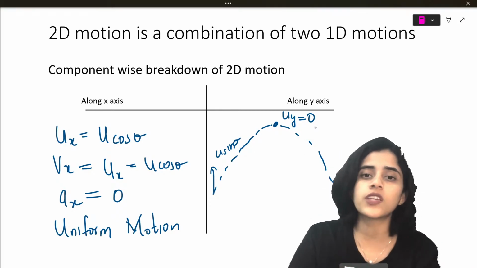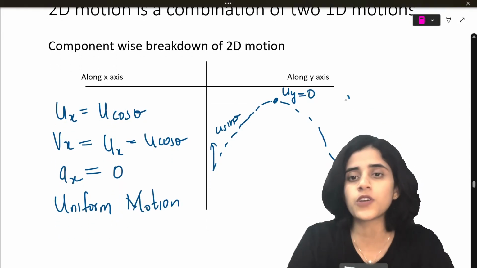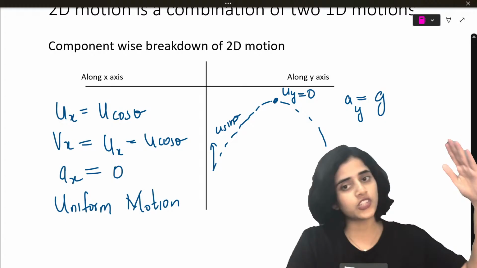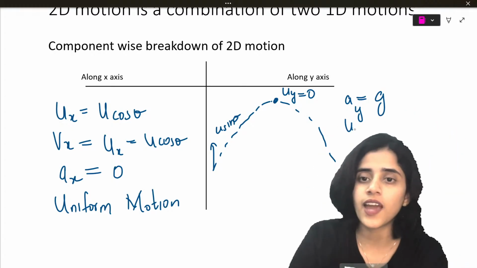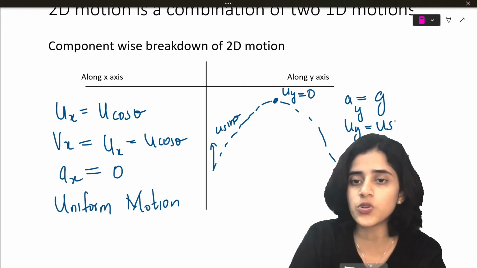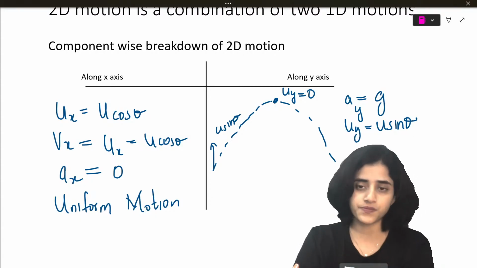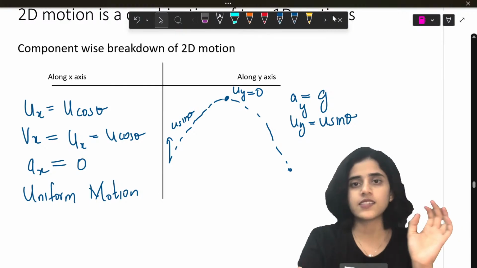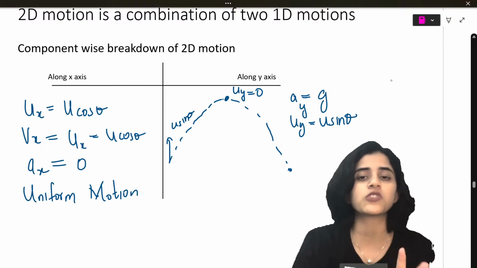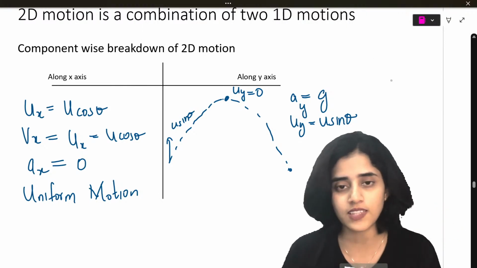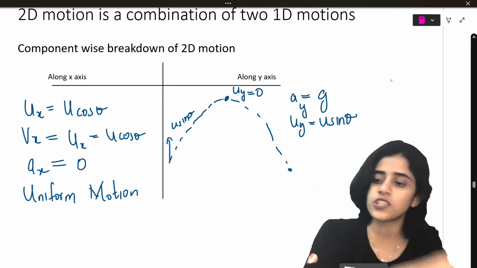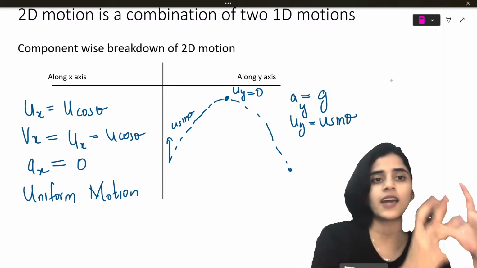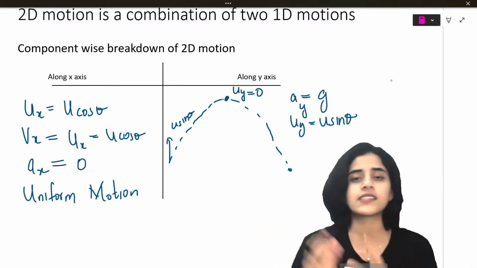Here acceleration is because of gravity, and uy is u sin theta. These are some important terms that you need to know. Uy is u sin theta. And here there is motion under gravity. So these are the different things happening along x-axis and along y-axis in a projectile.